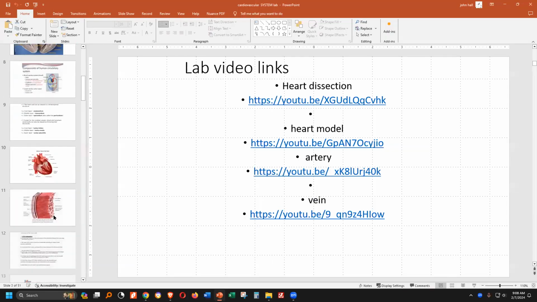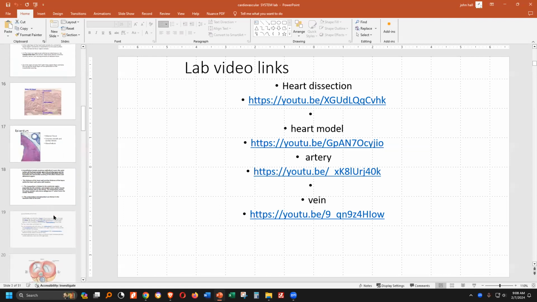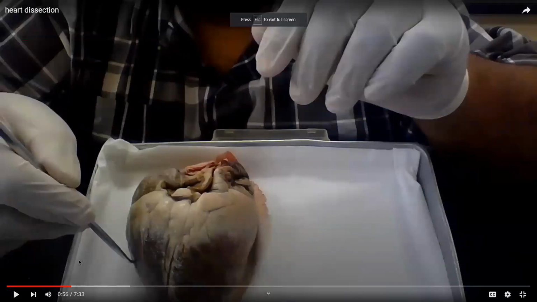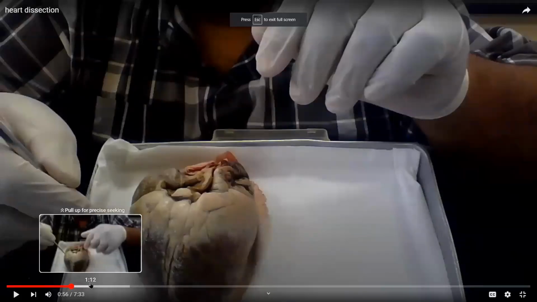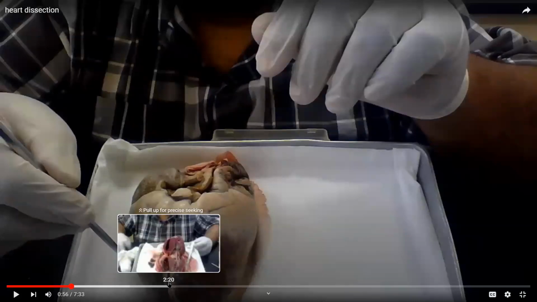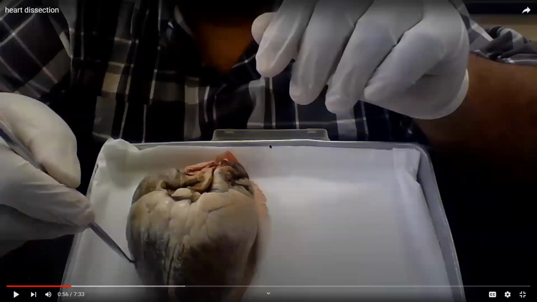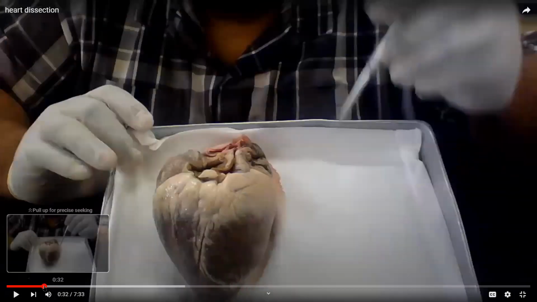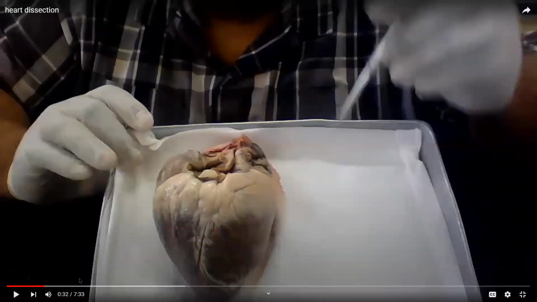Now, one way you can do this is you can take a screenshot of the heart itself. And then from the screenshot you can draw it. This is probably the best one.